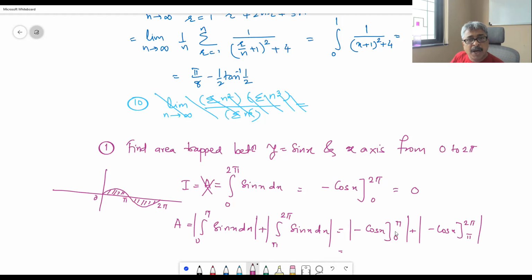Cos x, cos pi is minus 1. So minus 1 minus 1, 1. Cos 0 is 1. So minus of minus, so plus 1. This is the first absolute value, plus minus of cos 2 pi is minus 1.